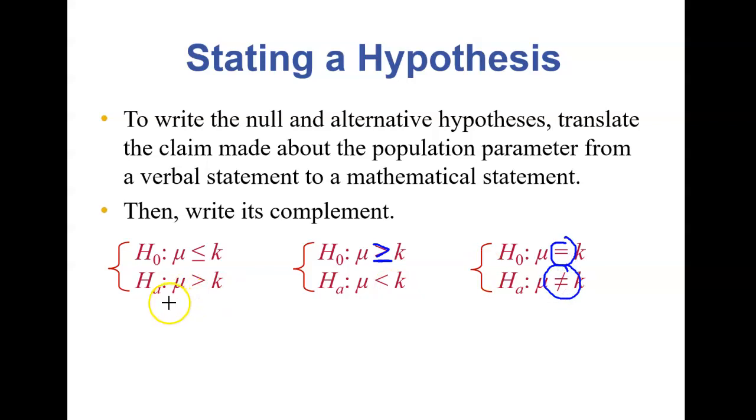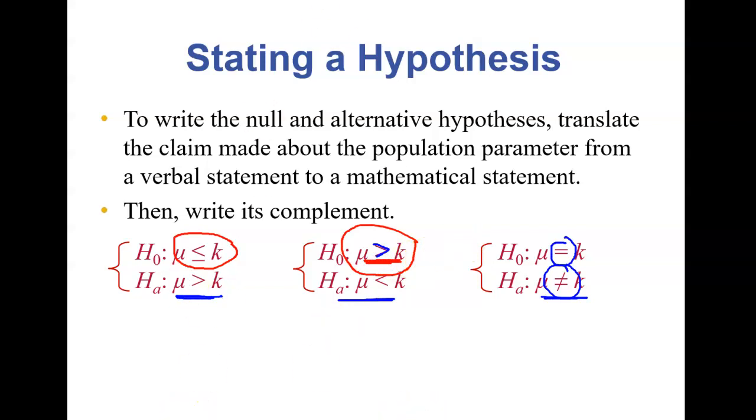Whereas your null hypothesis is less than or equal to, greater than or equal to, or simply equal to. So it's very important you all know that your null hypothesis should have an equal to sign.